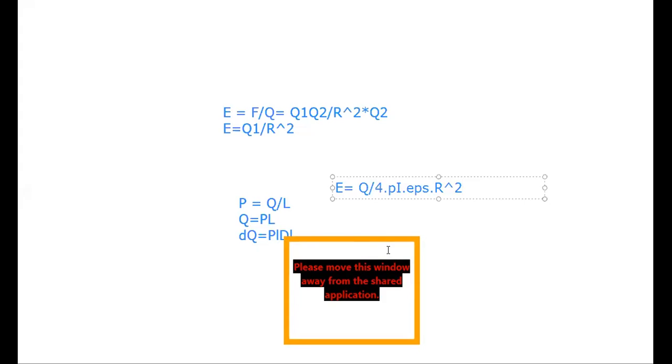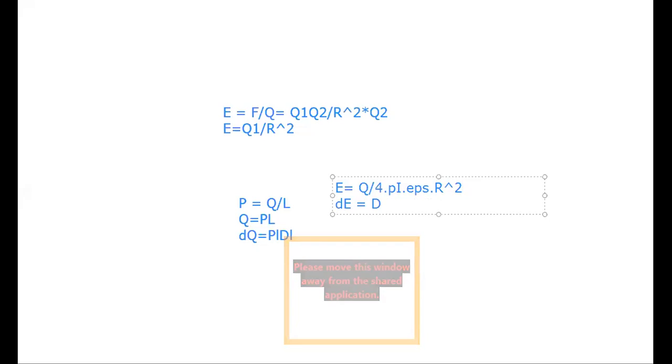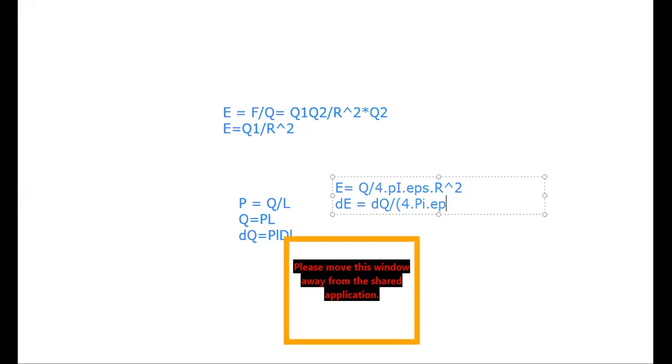Now electric field intensity for a differential length: that's why dE equal to, instead of q we have to consider a small d, dq, divided by 4 pi epsilon r square. That is the expression.